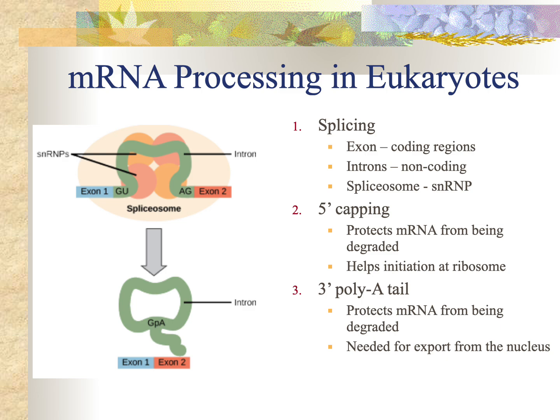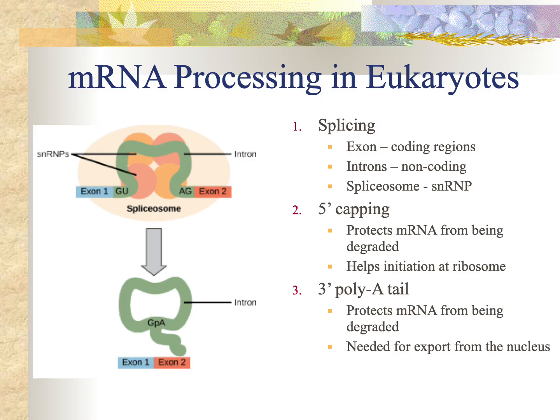And so these small RNAs are used to cut out these introns. These are called SNRPs, small nuclear ribonucleic proteins. And so they involve both RNAs and protein. The introns can be cut out, and then there's additional processing with a cap added on the 5' end, and then a poly A tail added on the 3' end.